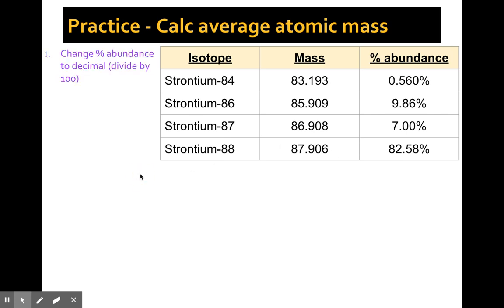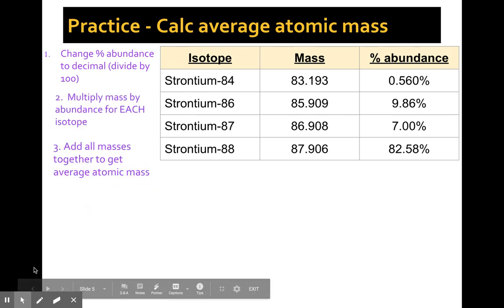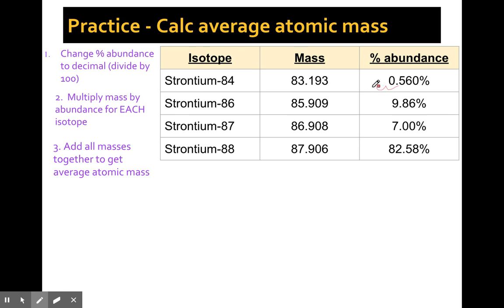So again, from your previous slide, here are your 3 steps. First, we are going to change the percent abundance to a decimal. So I'm going to move the decimal 2 places to the left for each one of these.